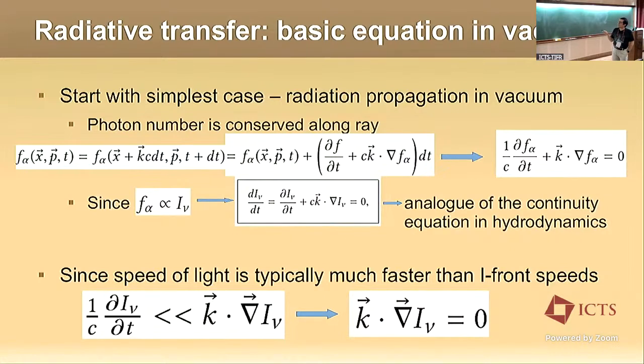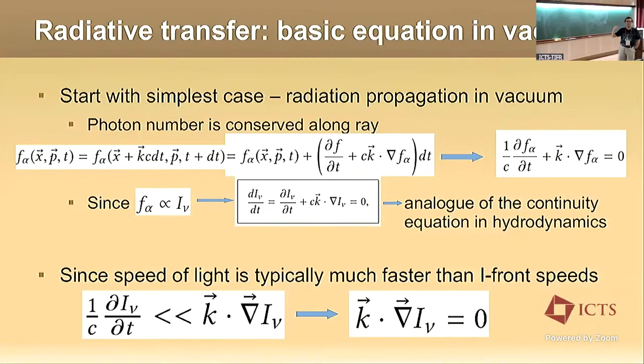Then you can rewrite the same thing also with the intensity, remembering that the intensity and the distribution function are exactly the same thing with some constant in front. So you can write the same equation for the intensity. And then if you remember your vector algebra, which you may or may not, but I'm sure you can if you try, what you get is that this is actually the full derivative of the intensity, because you have the partial derivative plus the gradient.